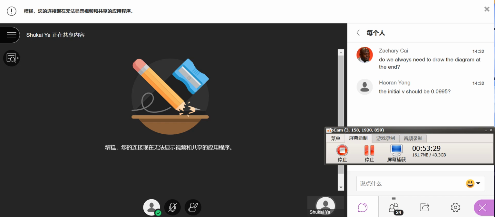Then you just need to calculate, and the damping ratio of the system is equal to 0.028.